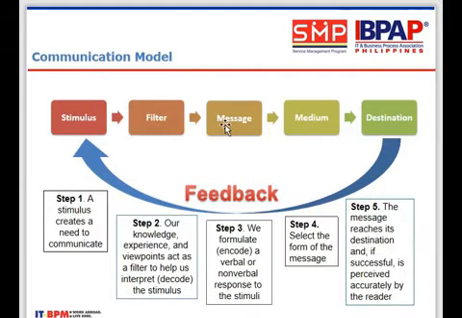Next after the message is the medium, select form of the message, and the destination to whom the communication was intended. That's the final destination. The message reaches its destination, and if successful, it's perceived accurately by the reader.